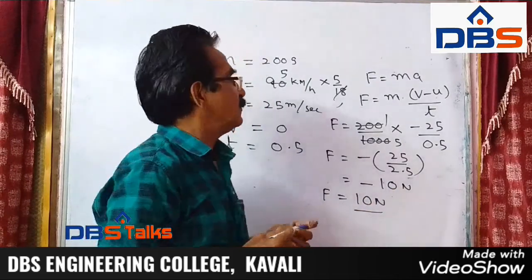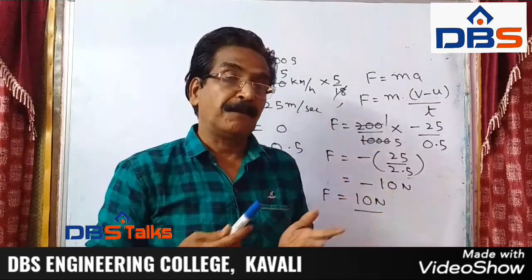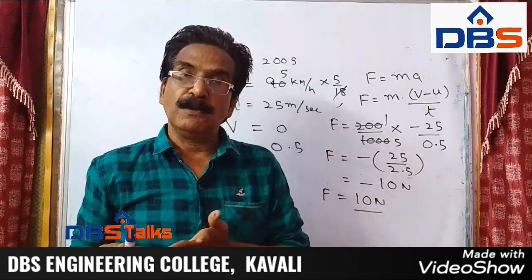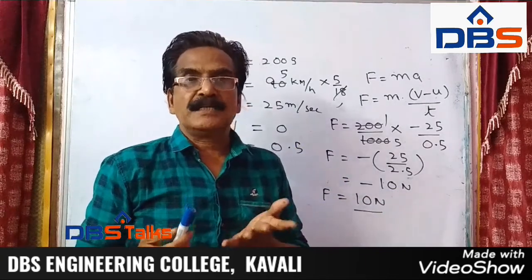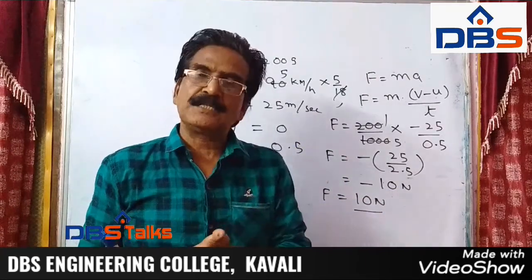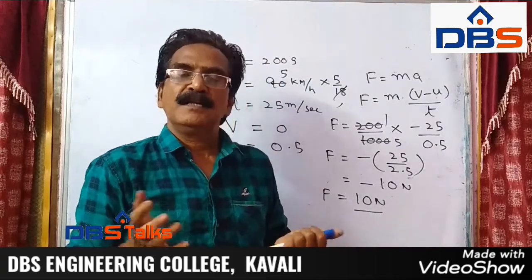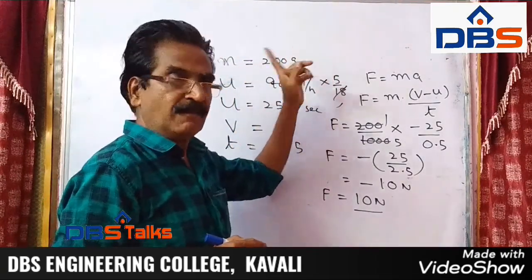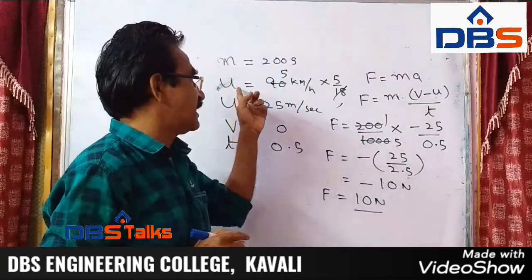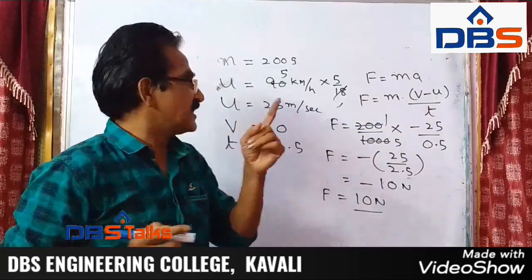Okay, friends, so this is an important problem. A ball stopped by the bowler or fielder, and what is the force exerted by the fielder to stop the ball? That is finding F. Mass of the ball will be given to you, and initial velocity, with what velocity the ball is approaching the fielder, that is given.